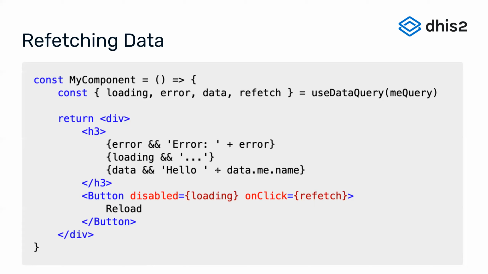And in between those two states, you'll have the error, then you'll have loading, and then you'll have the data response. So this is handy because it allows you to build interactivity into your application to refetch information after it's already been fetched and rendered once.